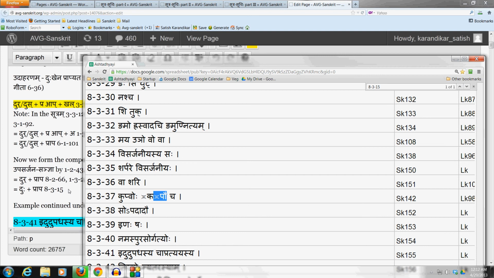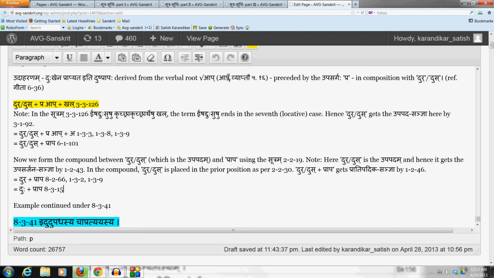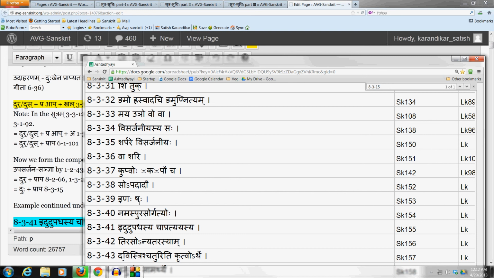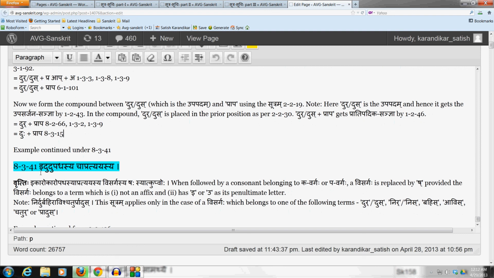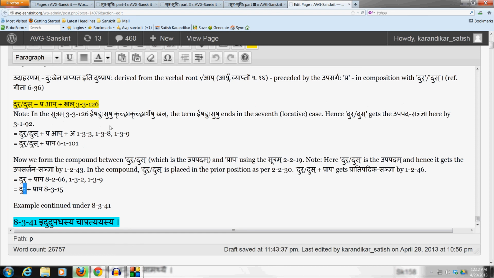We don't want either of those. We want the visargaha replaced by murdhanya shakaraha to get the form dushprapa. For that we need the sutram 8.3.41. Idudupadasya cha pratyayasya. Idudupadasya cha pratyayasya. That will be our next sutram 8.3.41. So we can complete this form. Replace the visargaha by the murdhanya shakaraha and get the form dushprapa.